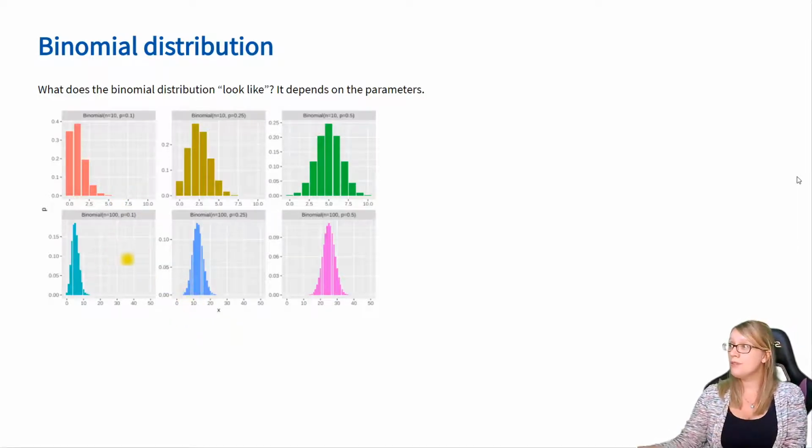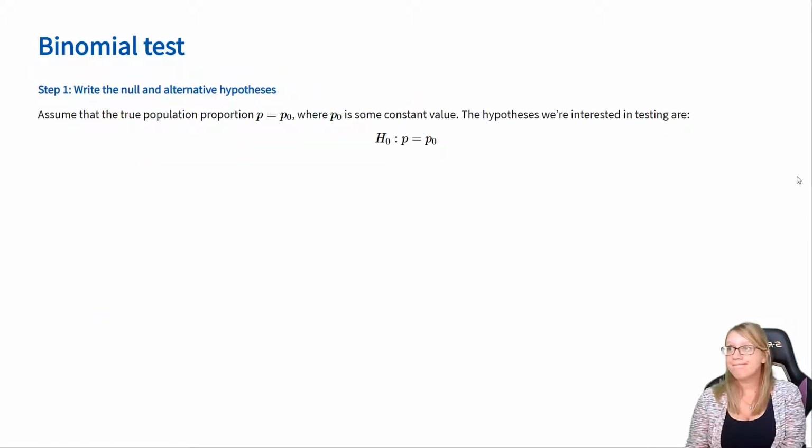So on the left we have a situation where the probability of a success is only 10%, here 20% probability of success, here 50% probability of success. Look what happens to the shape of this distribution. It starts to take on a pretty symmetric bell-shaped curve fairly quickly.